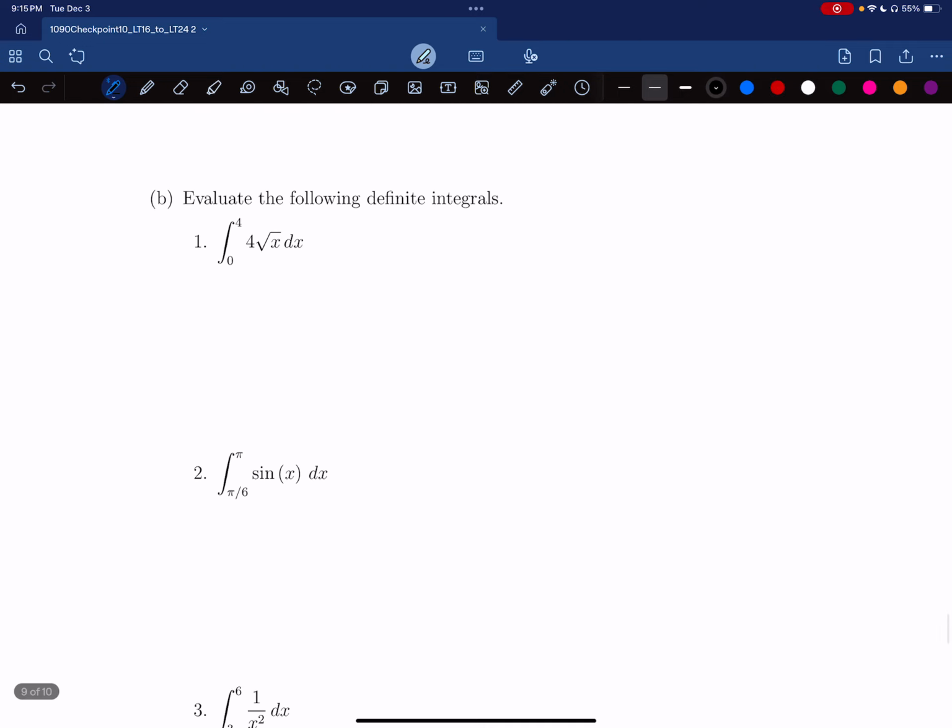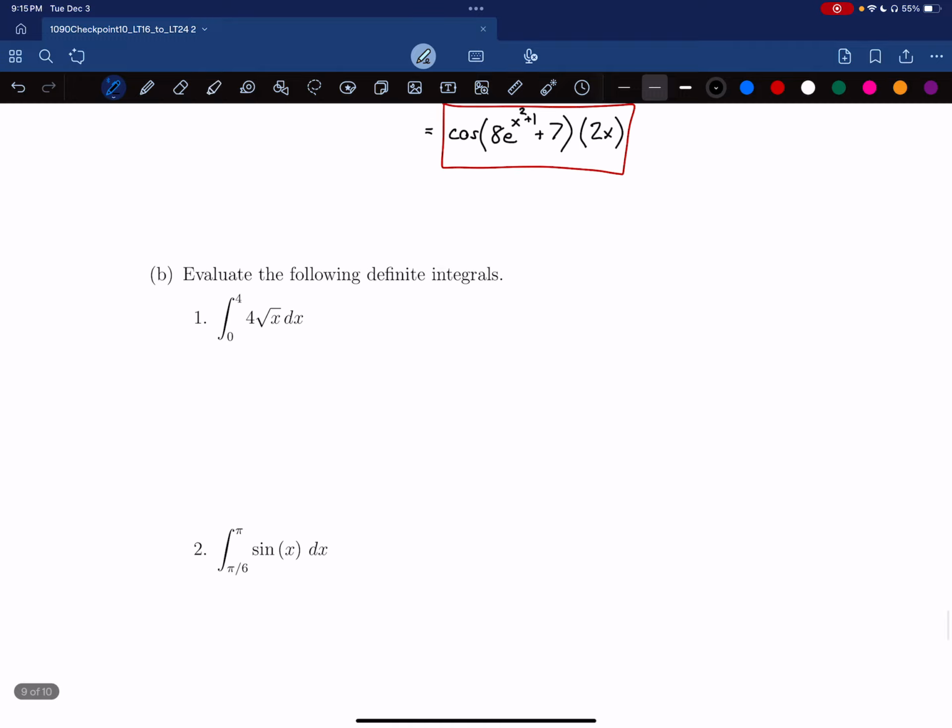Now in part B, we have a few definite integrals we need to solve. So now we take our antiderivatives. So really quickly, I'm going to rewrite this in a little bit easier form to understand. I'm going to use 4x to the 1/2 dx. That x to the 1/2 just helps me do the power rule a little bit easier.